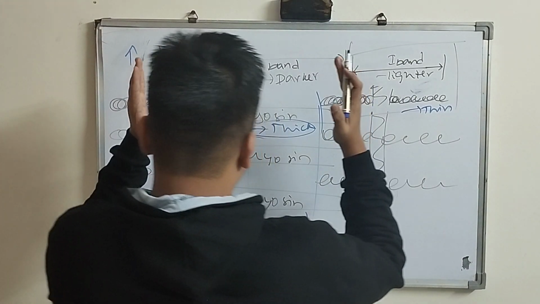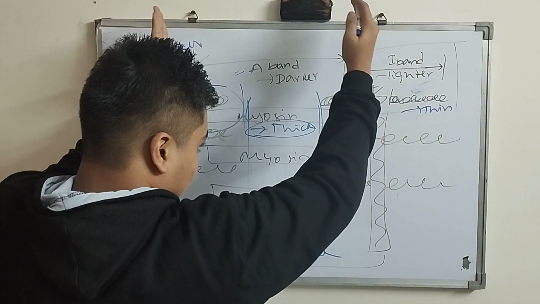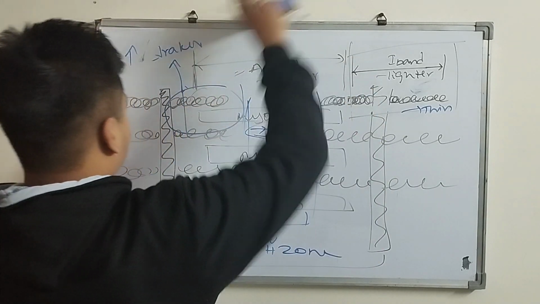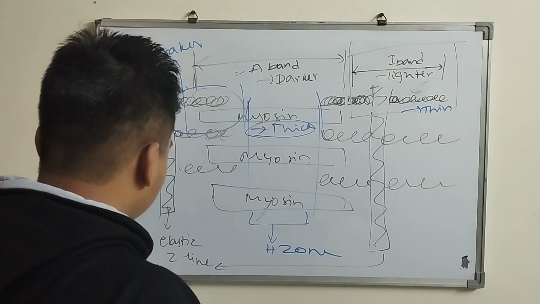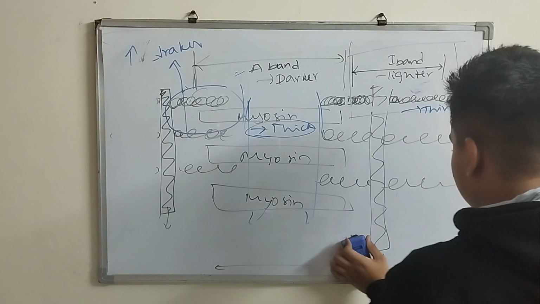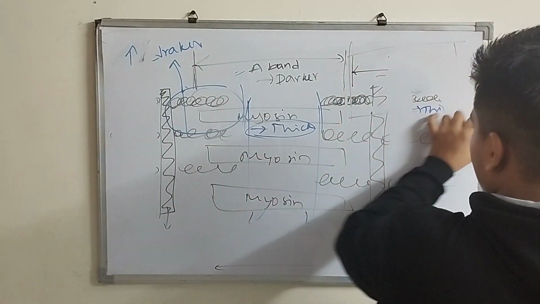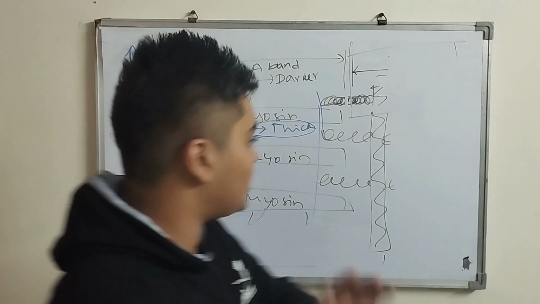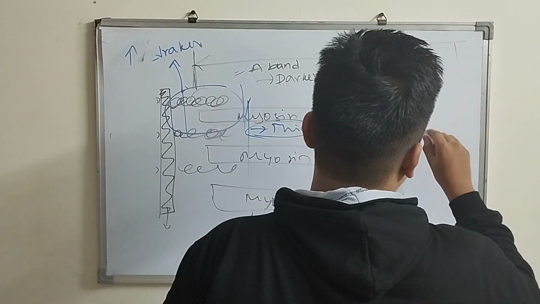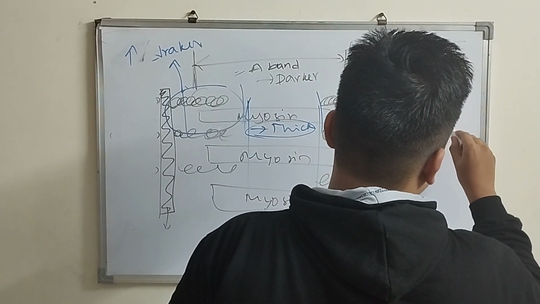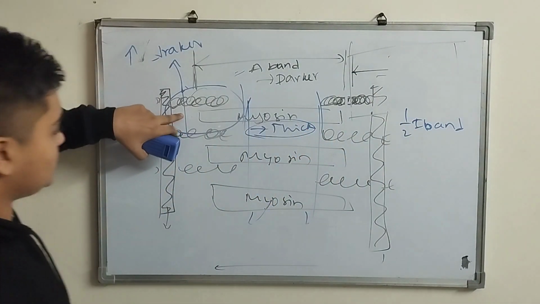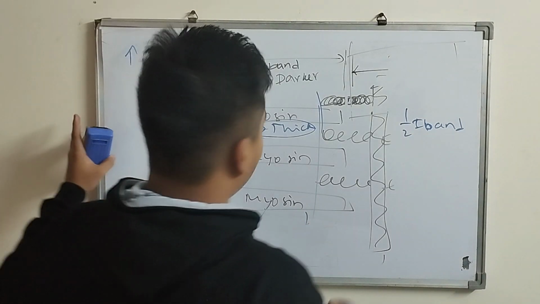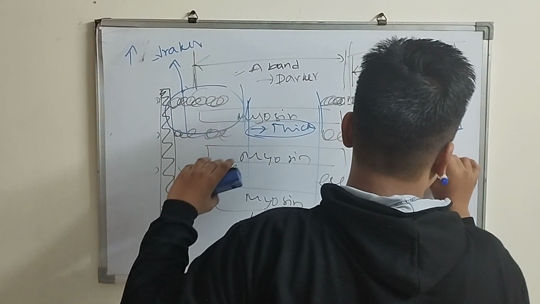As I said, the structure present between two successive Z lines is your sarcomere. This part is your sarcomere. What are the components that the sarcomere contains? Half I band, because only half of the I band is shown here, and the next half comes into the next sarcomere. Half I band and one complete A band.